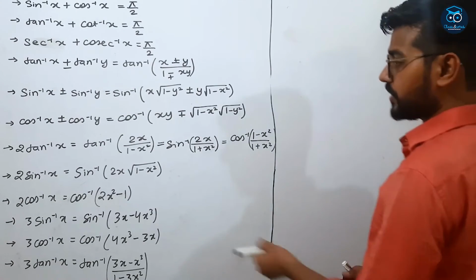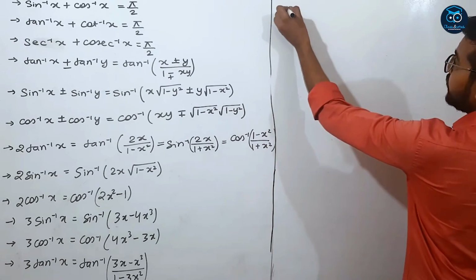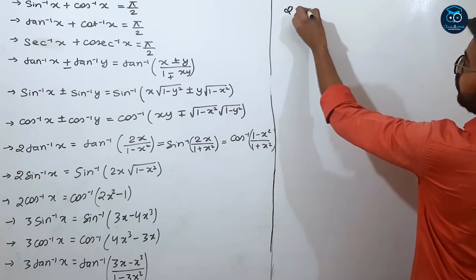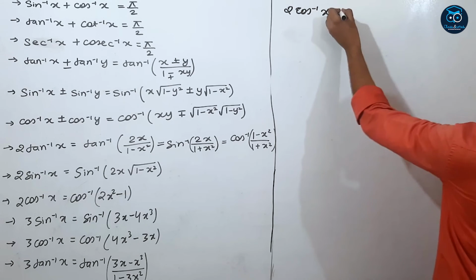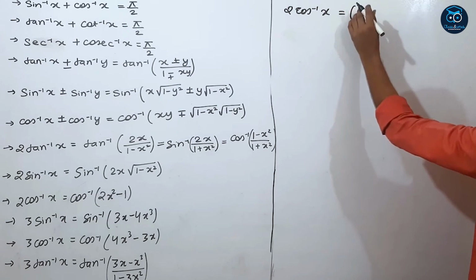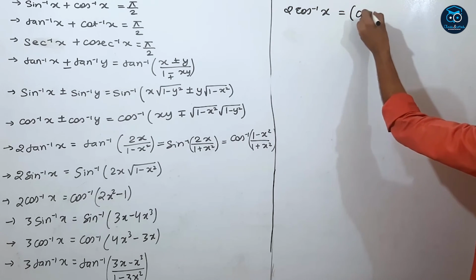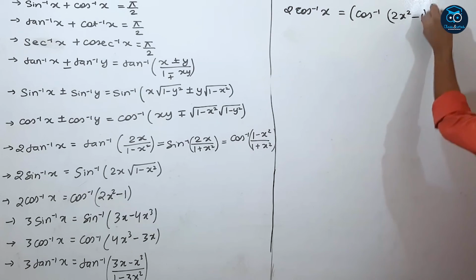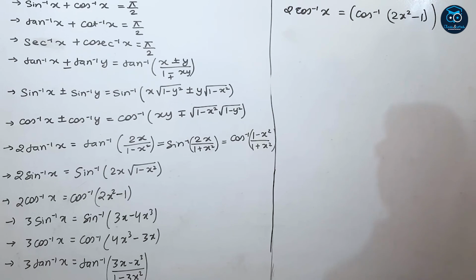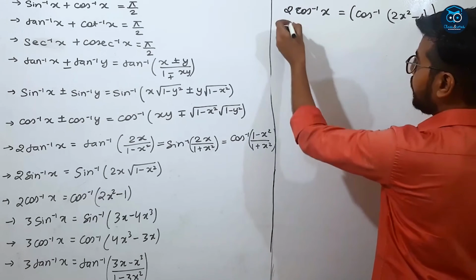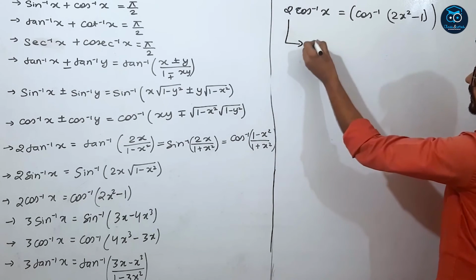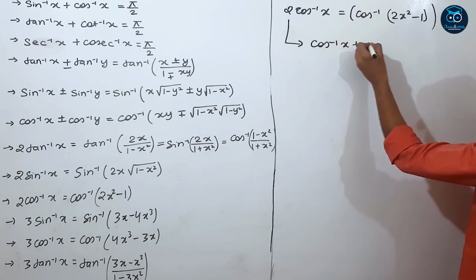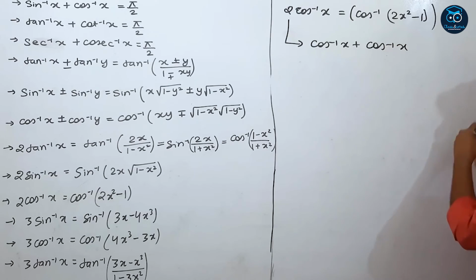Now moving towards the next. Our next is 2 cos inverse x equals cos inverse 2x square minus 1. We can solve this again with two methods. One is cos inverse x plus cos inverse x.